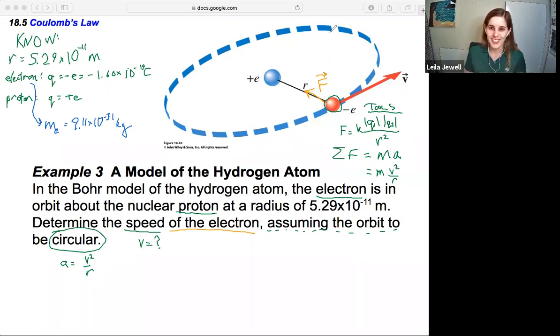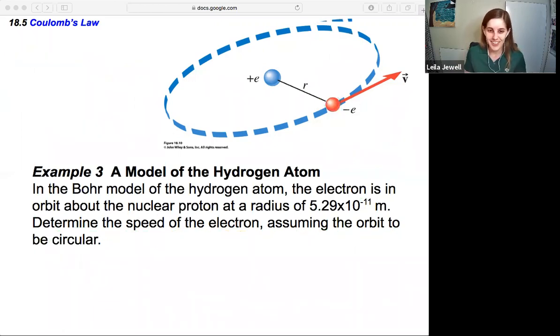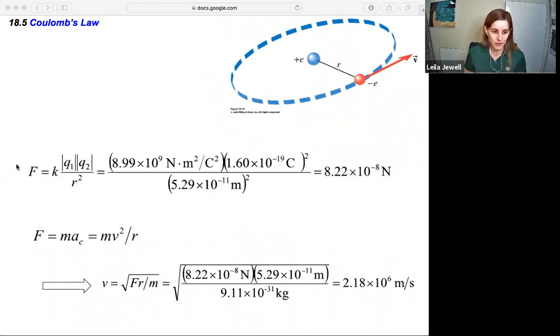So let's take a look at that. All right, so solving for the force, we have k, this is 8.99 times 10 to the 9. Then we have the two charges, which both are just the magnitude of 1.60 times 10 to the negative 19. So instead of writing that twice, they just squared it, right? They did q squared here, because both the charges have the same magnitude.